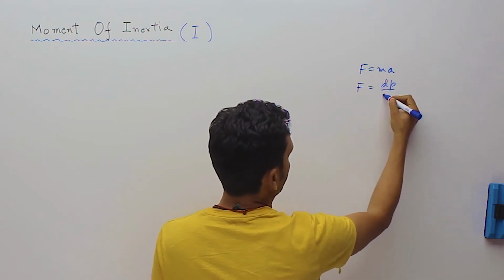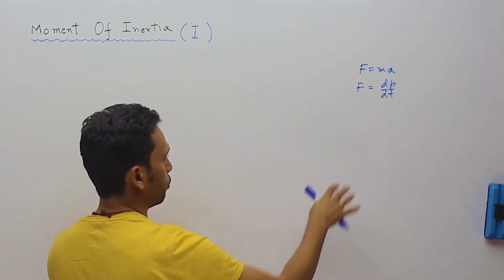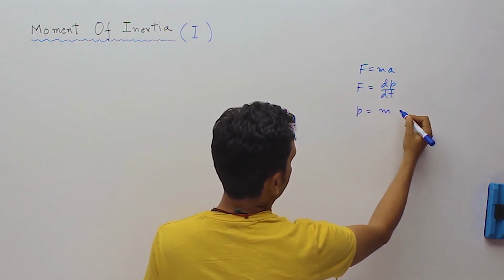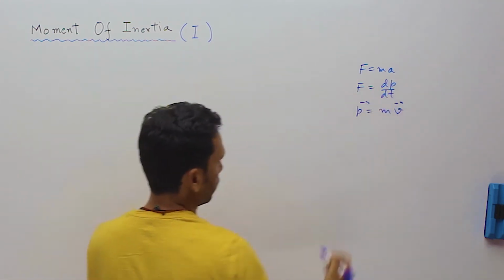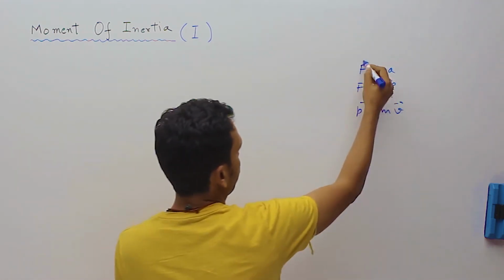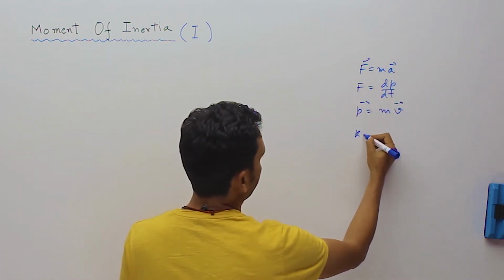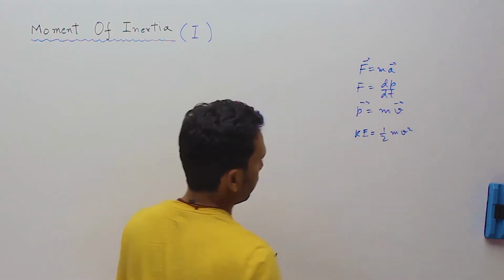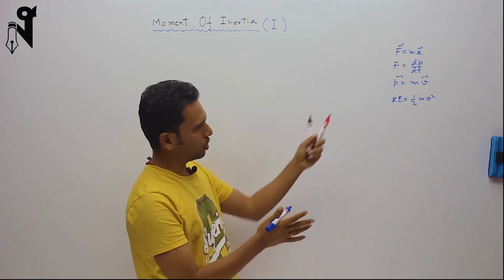So this and this are the same thing. And what was your momentum? Your mass times velocity gave you the momentum. It was a vector in the direction of the velocity. Force is also a vector in the direction of the acceleration, and you had your kinetic energy as half mv square.